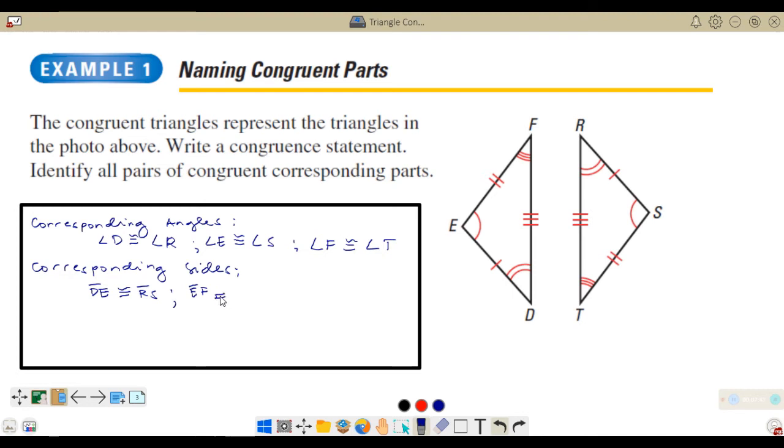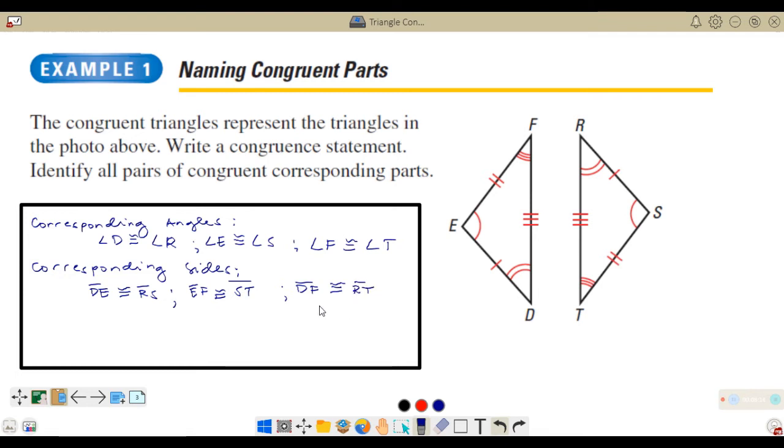It is congruent to, asan yun? ST. And finally, we have tatlong notch DF. We have DF is corresponding to RT.